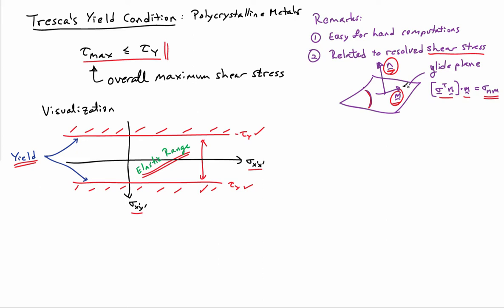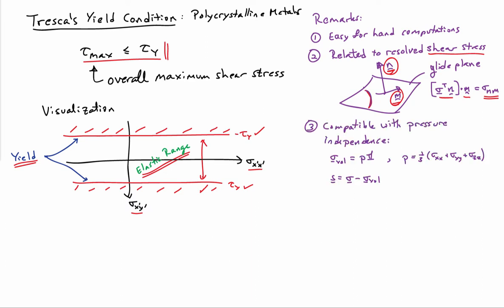Now, in a real metal, there are only fixed planes and fixed directions in which you can have glide, but in a polycrystalline metal, there's a whole randomization of these glide planes and directions. So it has a nice connection to this idea of resolved shear stress, which is sometimes known as Schmid resolved shear stress.